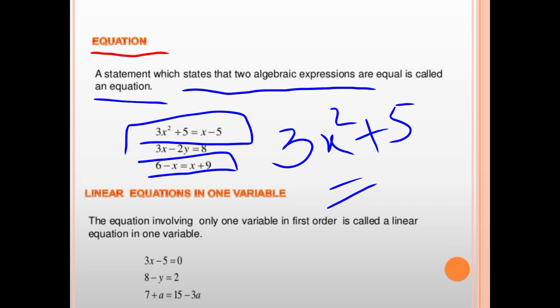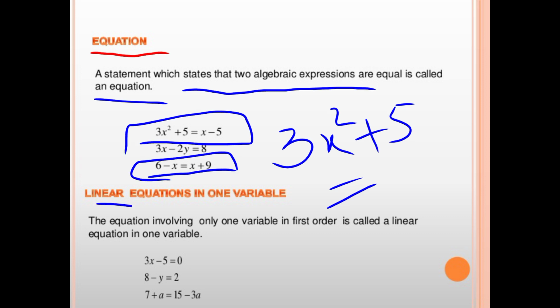This is also an equation. So the thing that you need to remember is that whenever you equate an algebraic expression with any number or with any constant integer or variable, that algebraic expression turns into an equation, right?